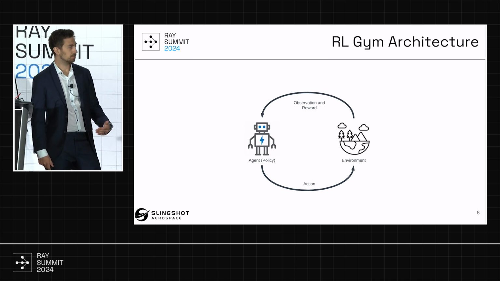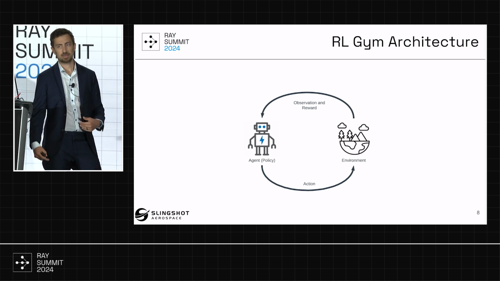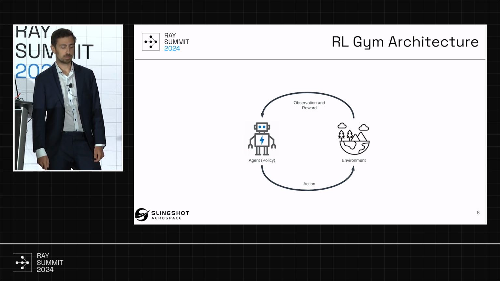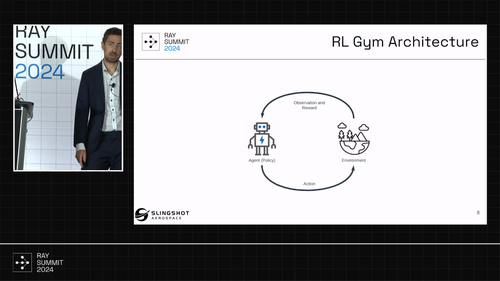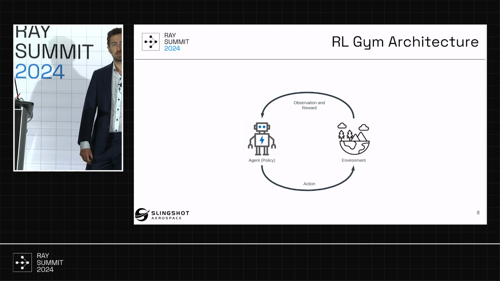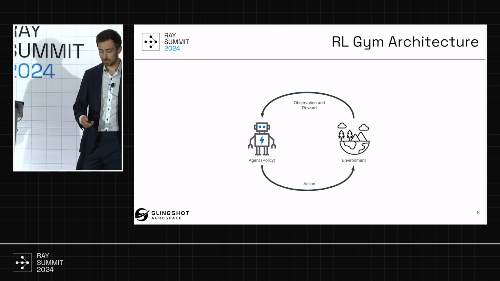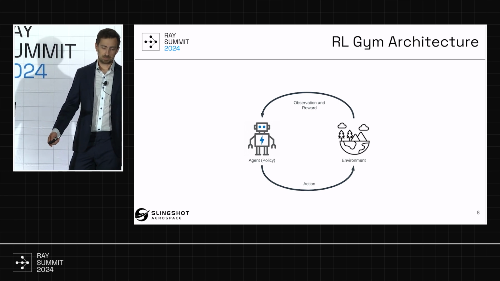But one of the limitations is it tightly couples the environment, the agent, and the gym, where if we wanted to swap out the environment for a different one, for example, to use a different simulation engine, we would have to have a separate gym to do that. And that was not something that was desirable for us.